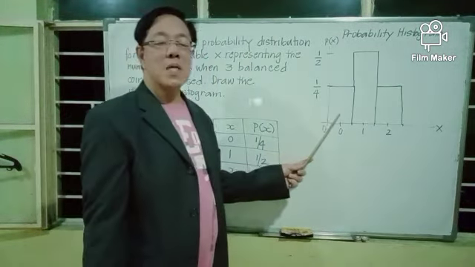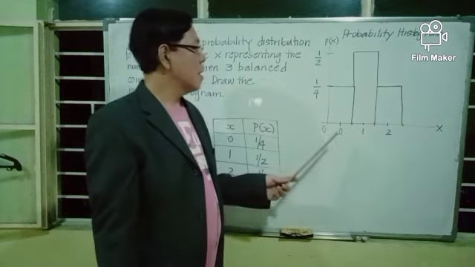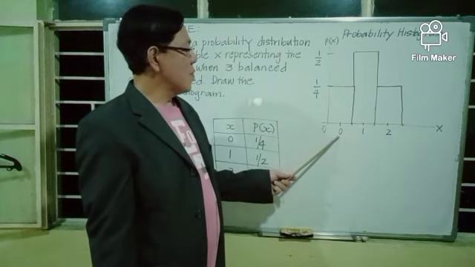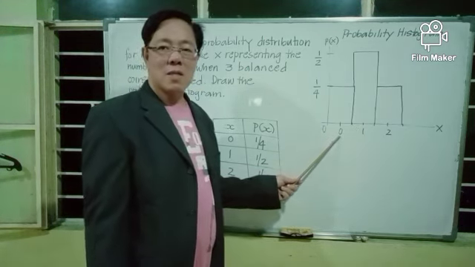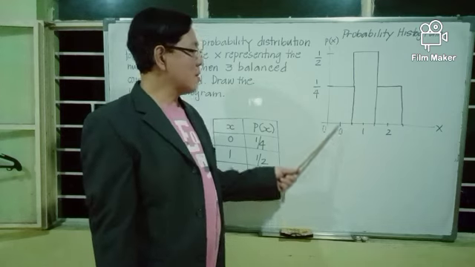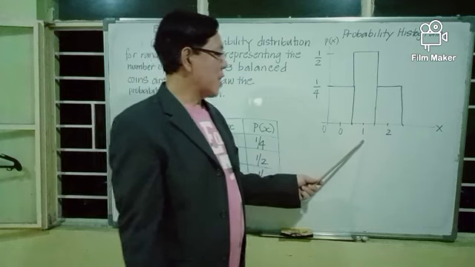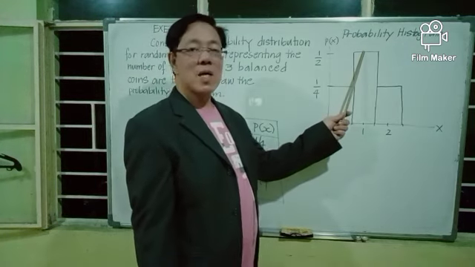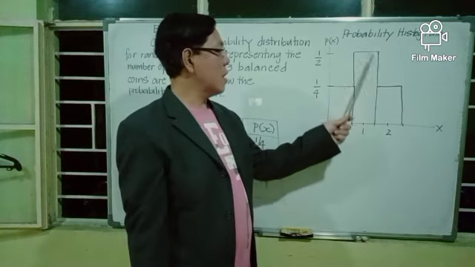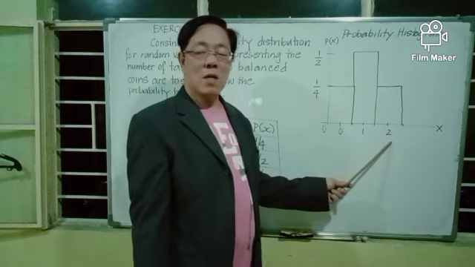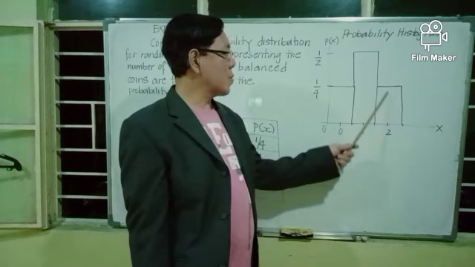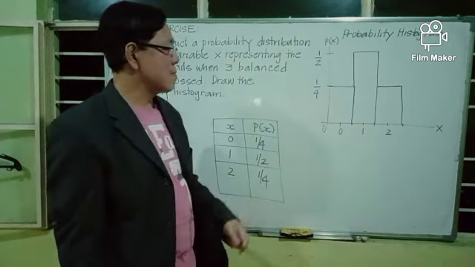This is the probability histogram. If x equals 0, the probability is 1/4. If x equals 1, the probability of getting 1 head is 1/2. If x equals 2, the probability of getting 2 heads is 1/4.